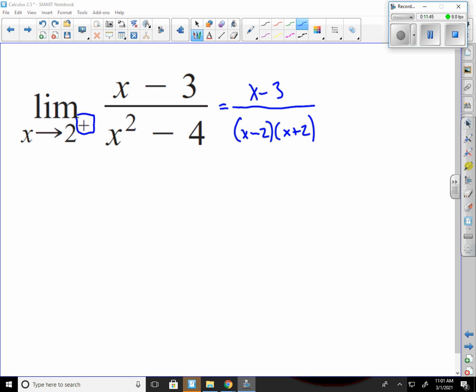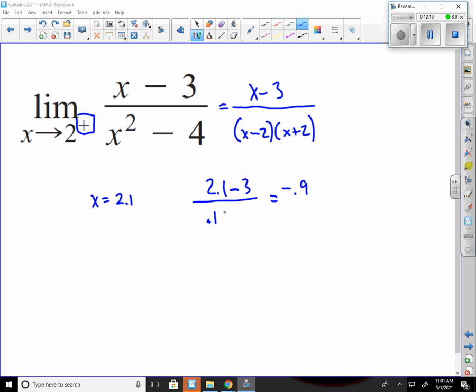So if I'm looking at this as it approaches from the right-hand side, I could plug a number in that's close to 2. I can start with x equals 2.1, right? So then 2.1 minus 3 on the top. That's going to give me negative 0.9 on top. On the bottom, 2.1 minus 2, it's just 0.1.